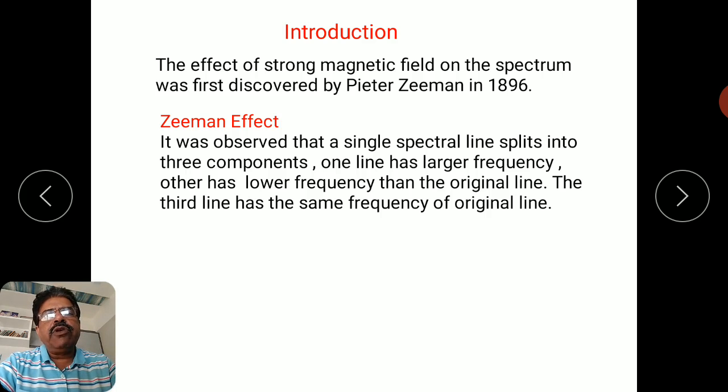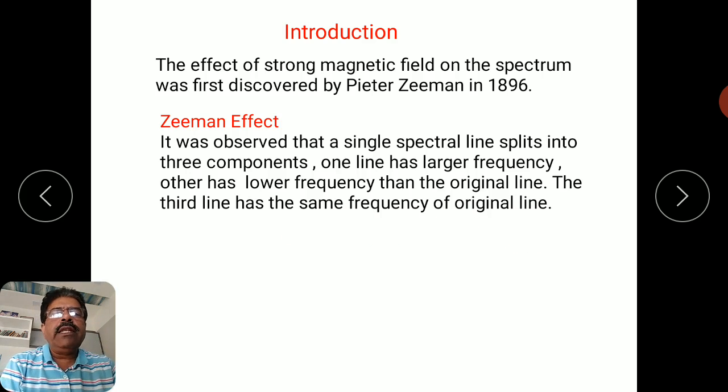Out of these three components, one has higher frequency and one has lower frequency than the original line, and the third line has the same frequency as the original line.